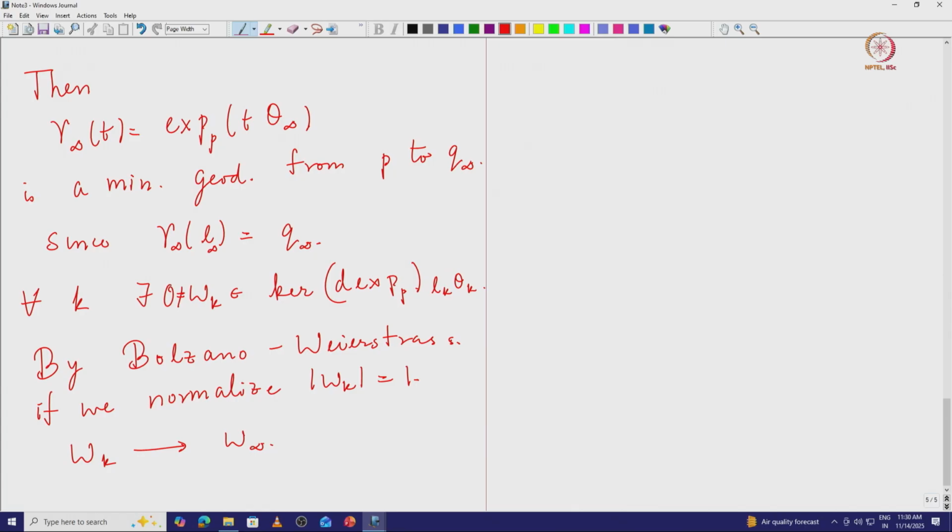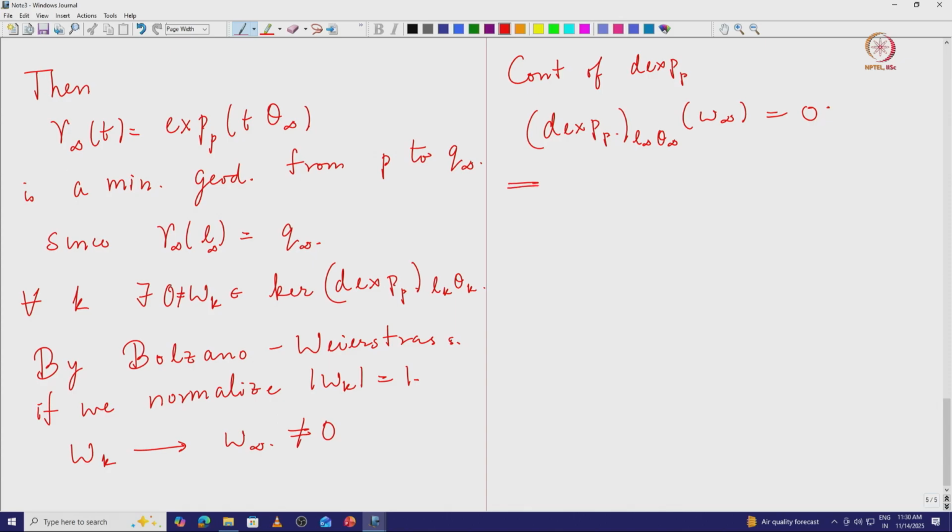But then by the continuity of the derivative of the exponential map, because the exponential map is a smooth map, we basically get that the derivative of the exponential map at the point L infinity theta infinity acting on W infinity is also 0. And W infinity cannot be 0 because it has norm 1.